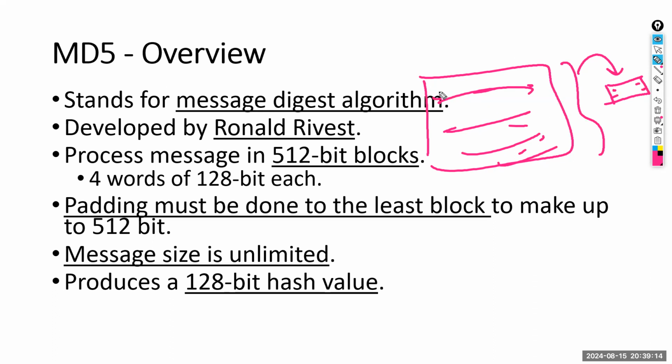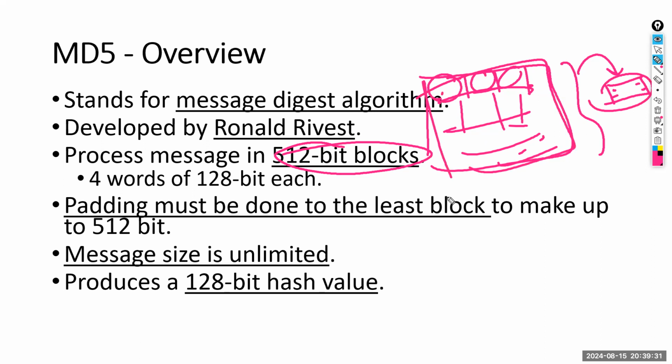It processes this document in 512-bit blocks, and ultimately generates this hash. But this hash will represent the entire document.